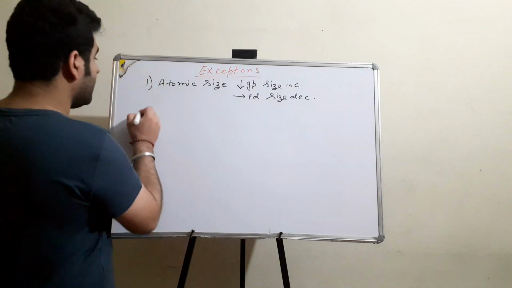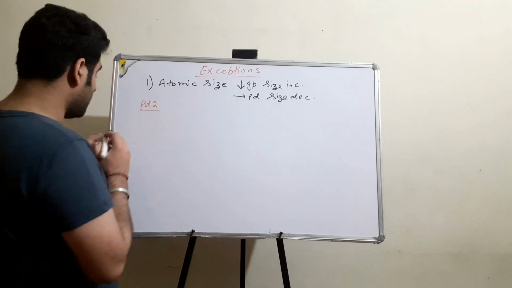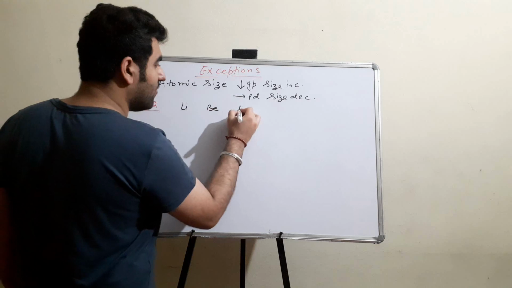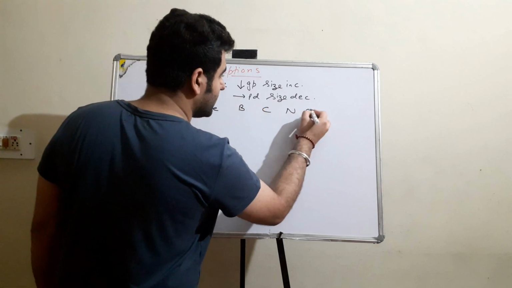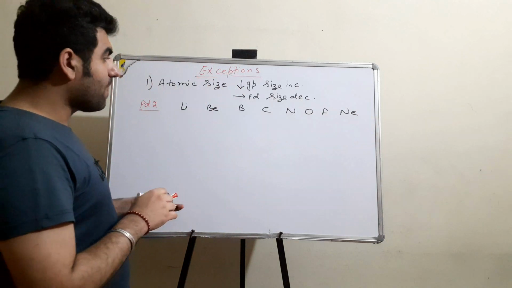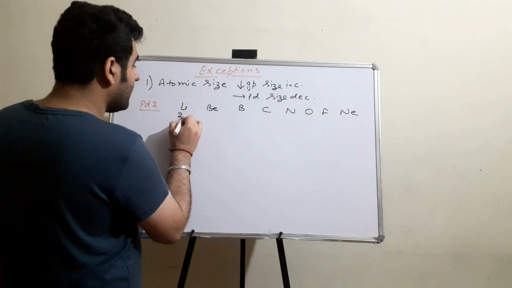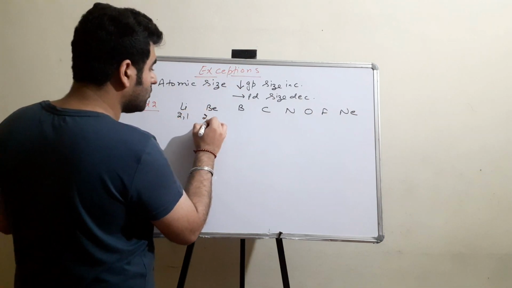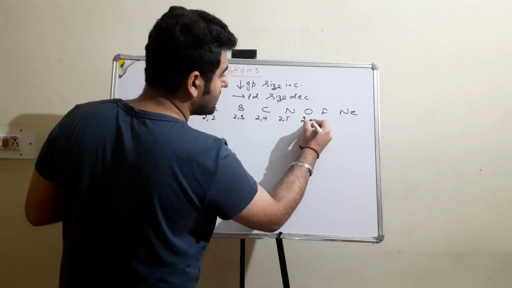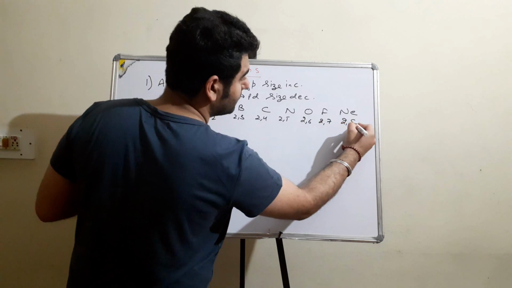Let us talk about one period, period number 2: lithium, beryllium, boron, carbon, nitrogen, oxygen, fluorine and neon. Here we will be talking about the noble gases. We know their electronic configuration as 2,1, 2,2, 2,3, 2,4, 2,5, 2,6, 2,7, 2,8.